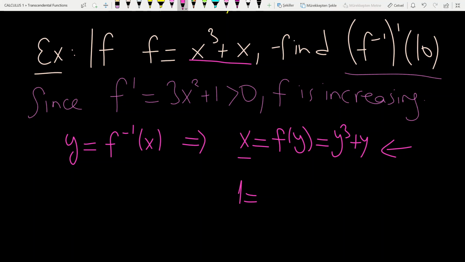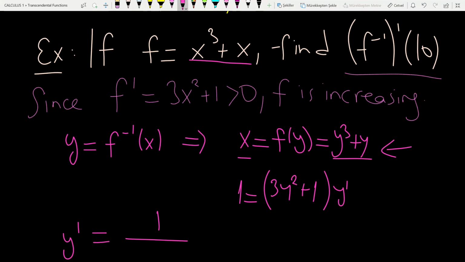Derivative of right hand side is equal to 3y squared plus 1, of course times the parenthesis y prime. Derivative of y cubed is equal to 3y squared times y prime plus derivative of y is y prime itself. So y prime in this case is equal to 1 over 3y squared plus 1.